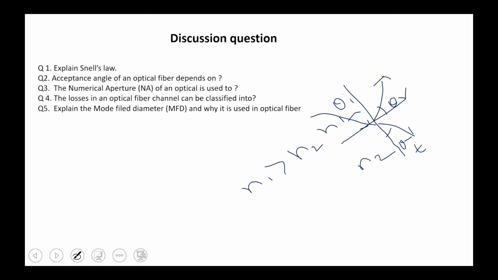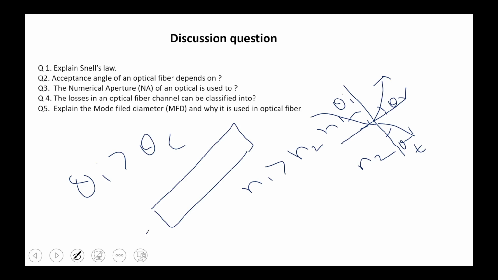Yes, sir. The incidence angle should be greater than the critical angle, then only TIR will be achieved. Theta I should be greater than theta C. So, like that, I have the optical fiber. This is my reference line. This is my ray.